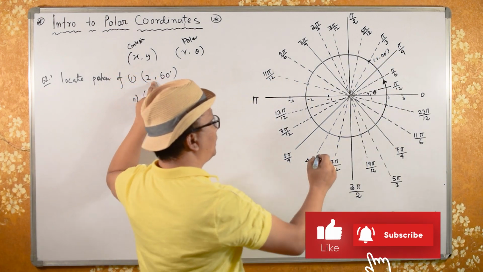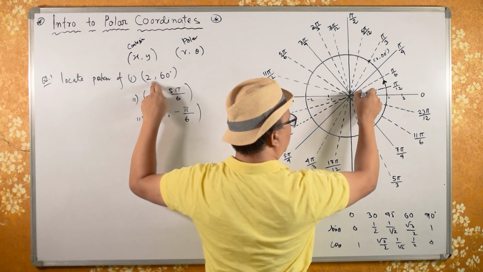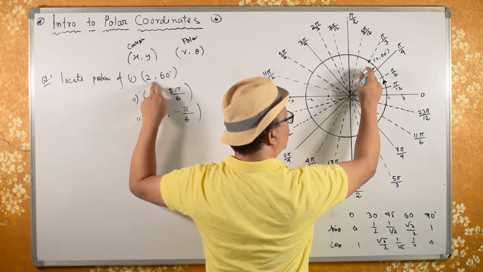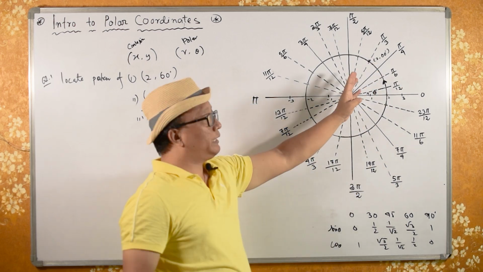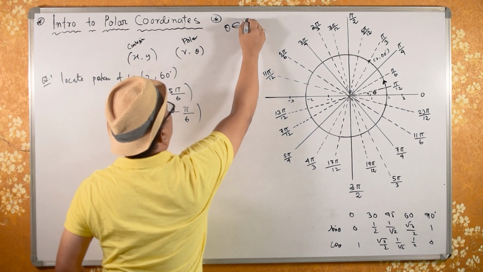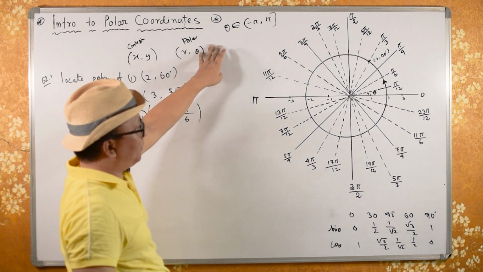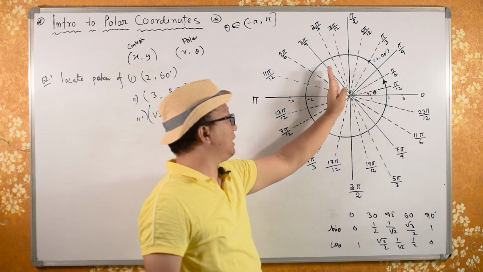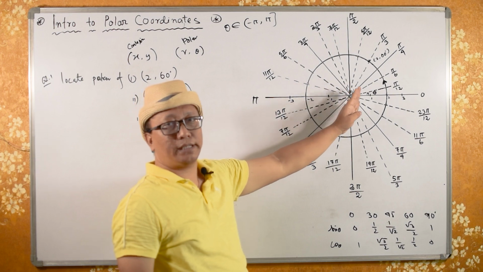Here theta mostly belongs to minus pi to plus pi. If you rotate this way, we consider it as plus theta. If you rotate this way, we consider it as minus theta.